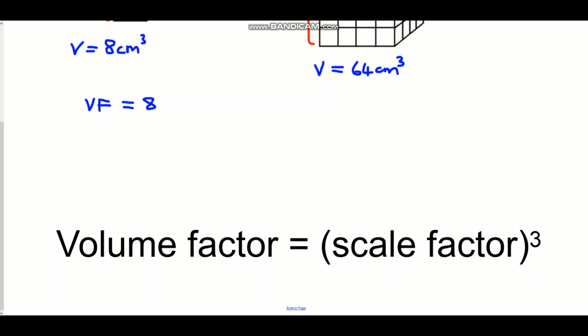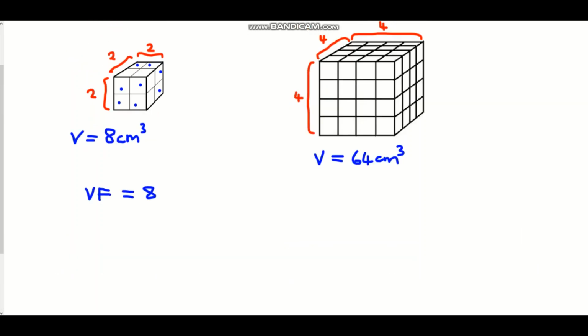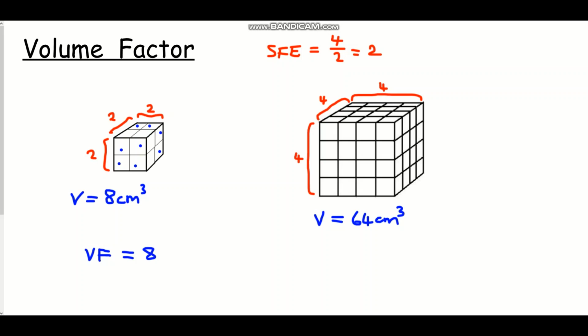Now you may not have run into the term cubed before. What cubed means is a number times itself and then times itself again. So in this case, our volume factor of 8 is being found by doing 2 times 2 times 2.